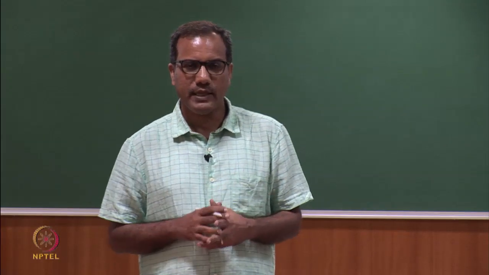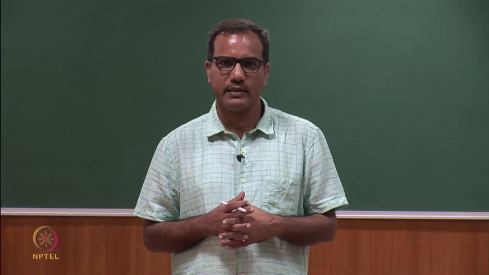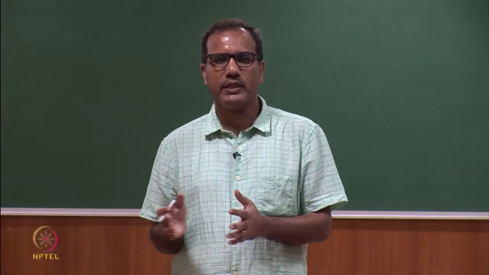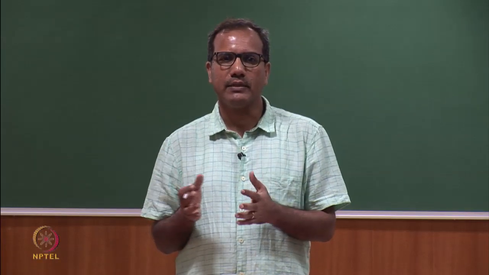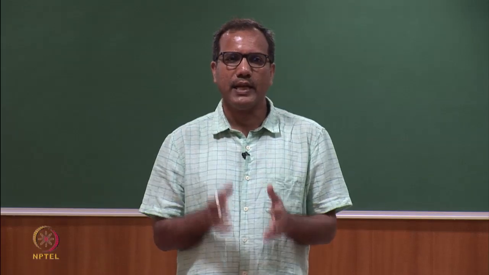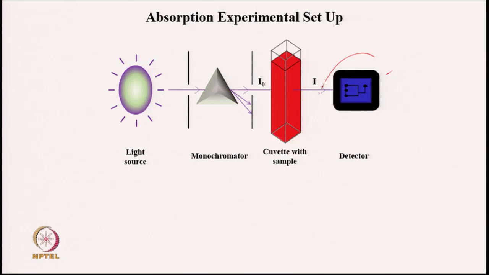So, what I mean by that is, suppose we are going to look at transmitted light. In that case, what we can do is, you can put a detector in line with the light source and sample. This is the line between light source and sample, and in this line itself you put a detector, then you can look at the transmitted light.